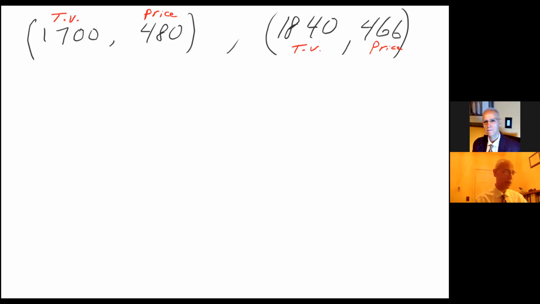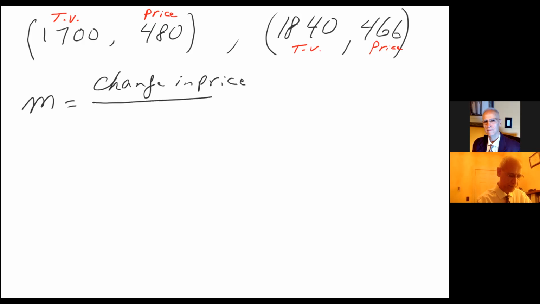Why is this linear? Because the problem is saying that for every $14 rebate, so a decrease of $14 on price, there is an increase of sales of 140. So a linear function of the form mx plus b. So m equals change in price divided by change in quantity sold.